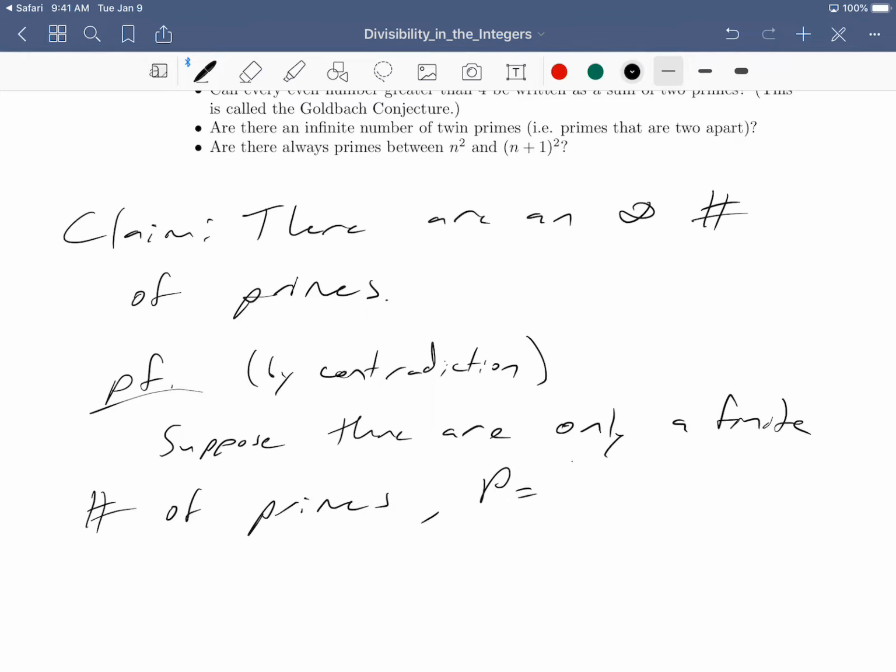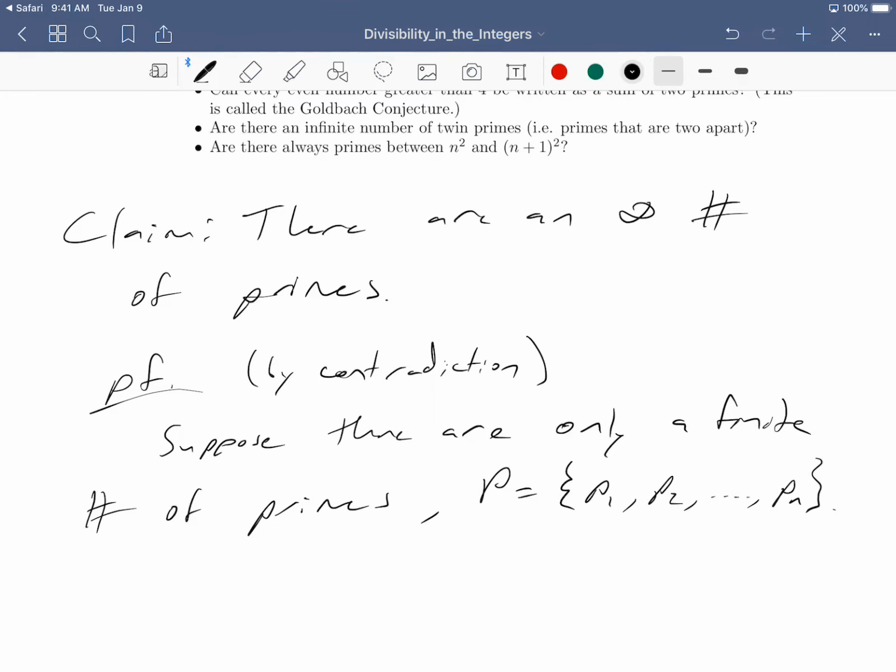And we're going to give them names. So P1, P2, up to Pn. Okay, and so P1 is 2, P2 is 3, and then it kind of keeps going, list all of them up till the last one. So Pn is the last prime. So we're going to assume that that's all the primes there are.